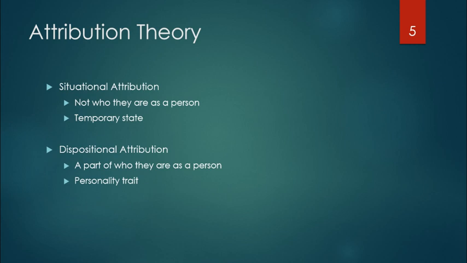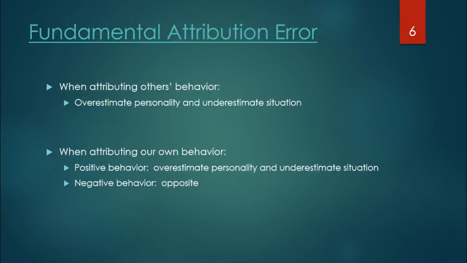It's a part of who they are. That's a dispositional attribution. So we've got situational and dispositional. Situational, they acted that way just because of the situation. Dispositional, they acted that way because that's who they are. Now, that's attribution theory in a nutshell.